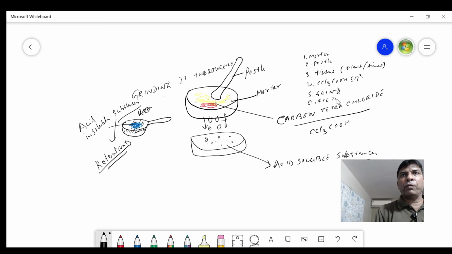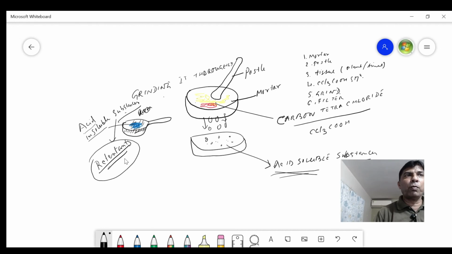If we filter it, we will get two things. One, the substances which got dissolved in carbon tetrachloride will be deposited in the container kept below. These are known as acid soluble substances, and the substances which didn't get dissolved will remain as precipitate in the filter. They are known as acid insoluble substances, also known as retentants. So they will be deposited in the upper side.